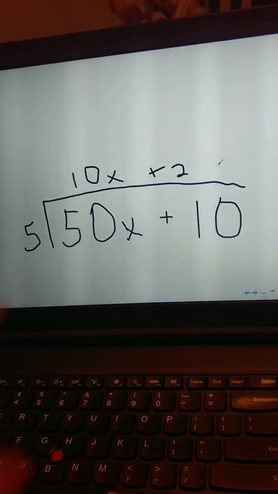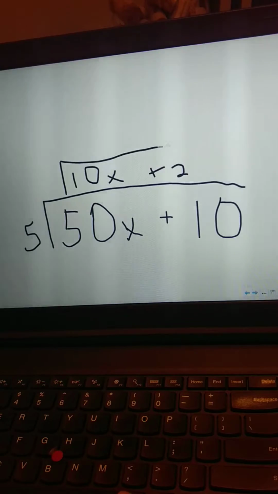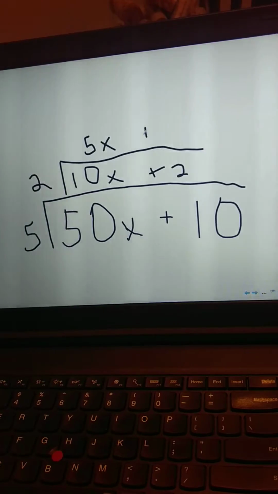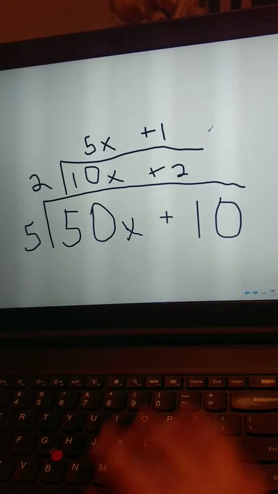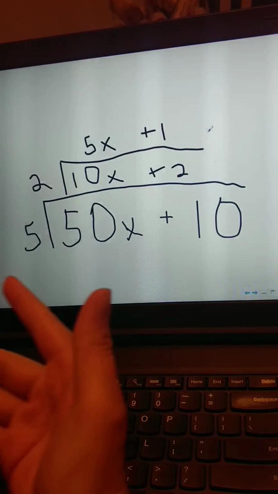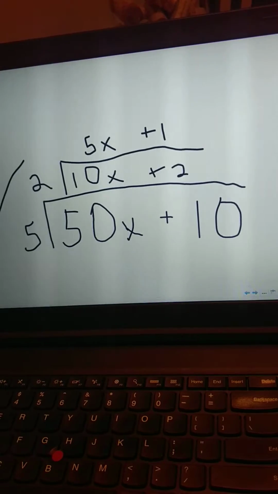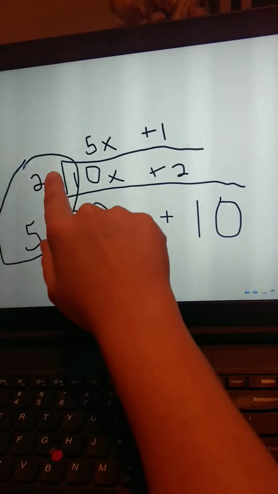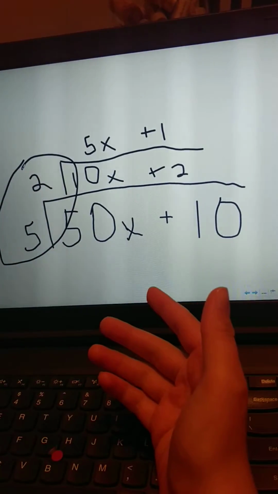Okay, well then I stopped there and I'm like, well, 10 and 2 are both even, so that means they're both also divisible by 2, which leaves 5x plus 1. And then 5 and 1 are not divisible by anything in common besides 1, so I'm done. And then this over here, 5 times 2, that's going to be your greatest common factor.